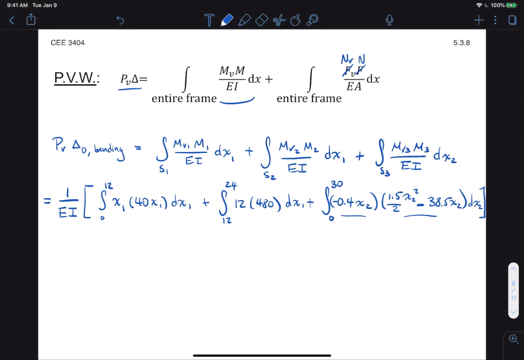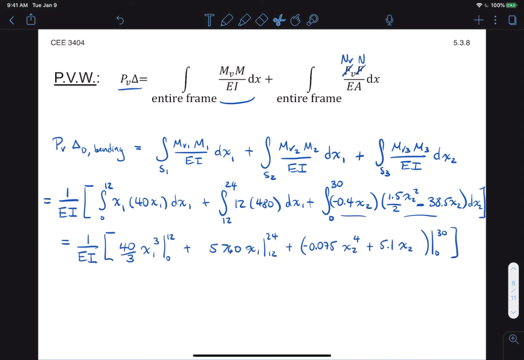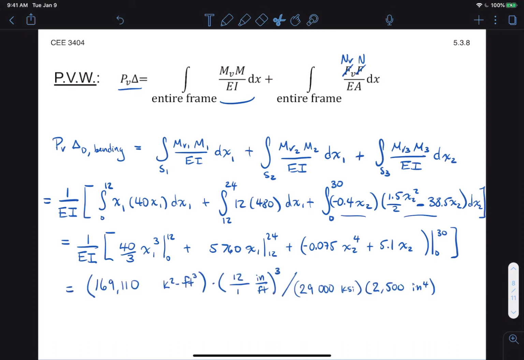So evaluating those integrals, we would get the following. And then evaluating each of those terms and summing everything, we would get 169,000 roughly. Notice that the units are in kip squared times feet cubed, right? Because we have two moments being multiplied times a length. Everything was in feet.